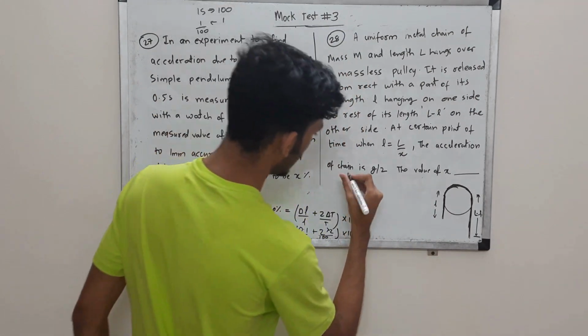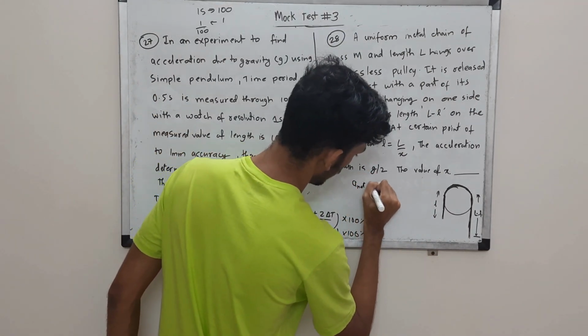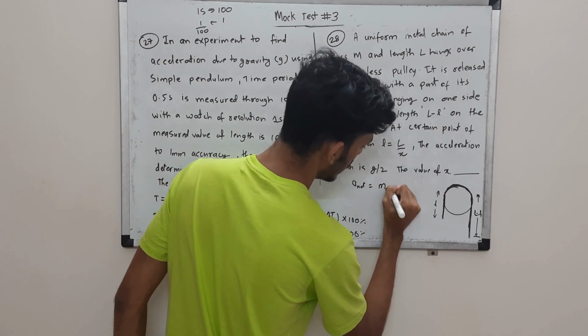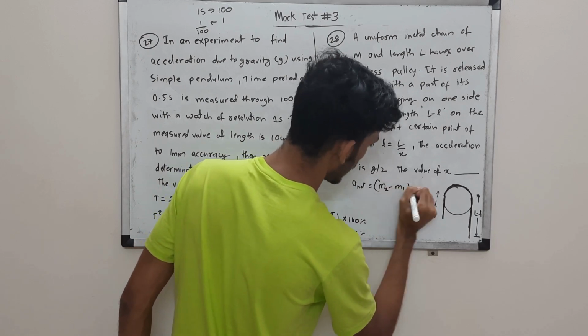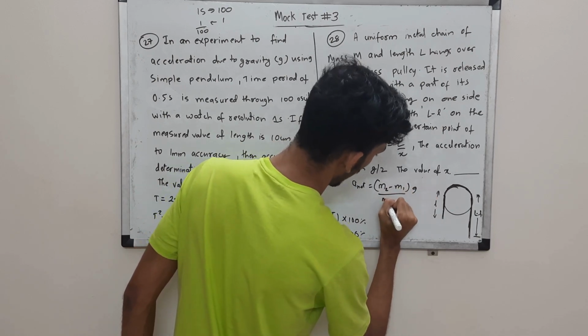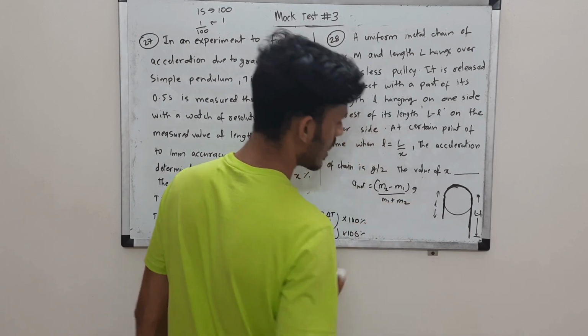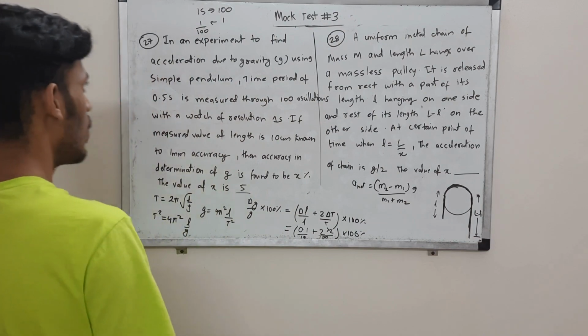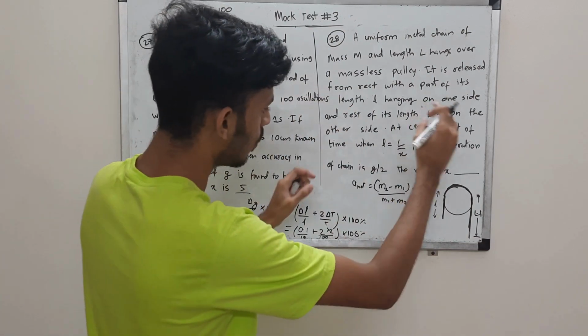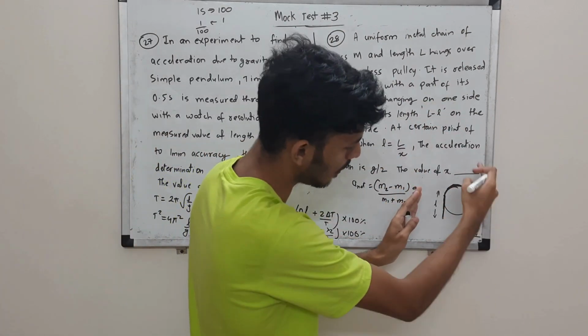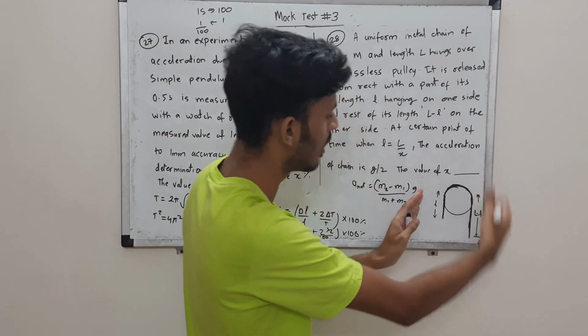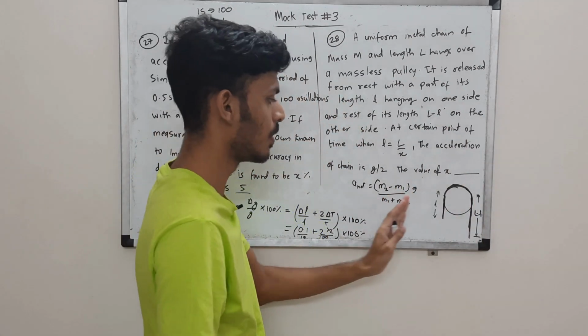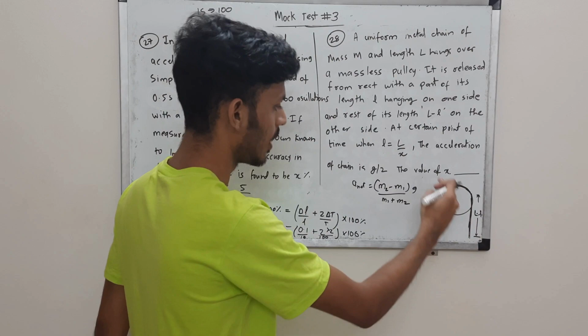Now the acceleration in a pulley problem is given as the net force, we can say it's m2g minus m1g upon the total mass, m2 plus m1. Here the total mass is basically the mass of the string. More part of the string is on that side, so there the force will be more, here it will be less, so m2g minus m1g.